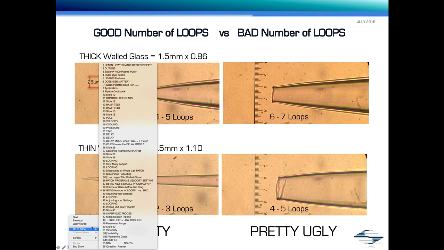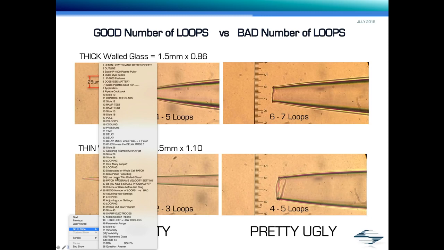and I was in a lab, and I was introduced to this glass, 1.65 by 1.2, and let me see if I can find that file here. I'm making larger patch pipettes.